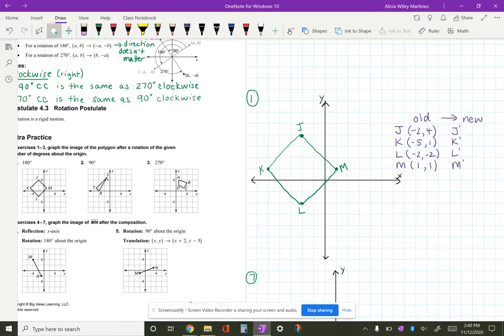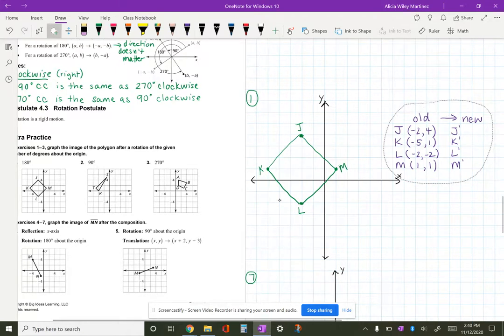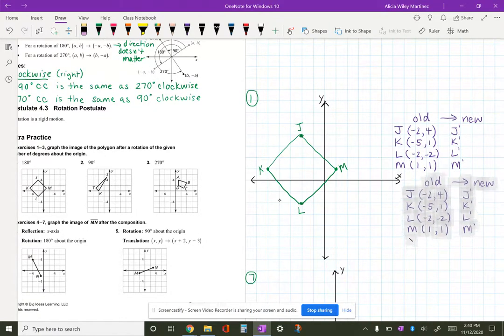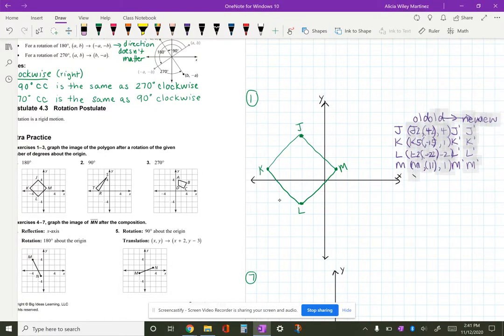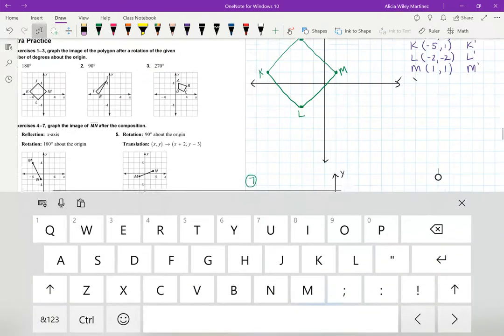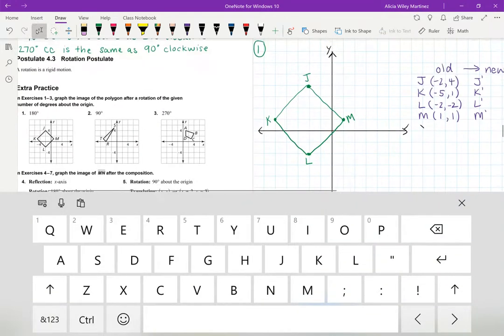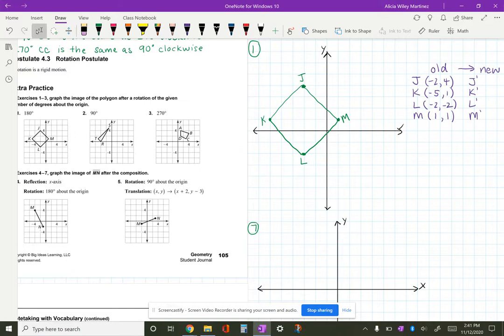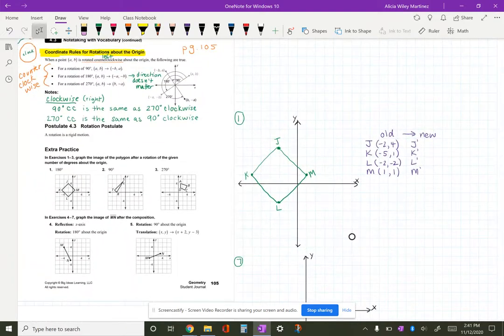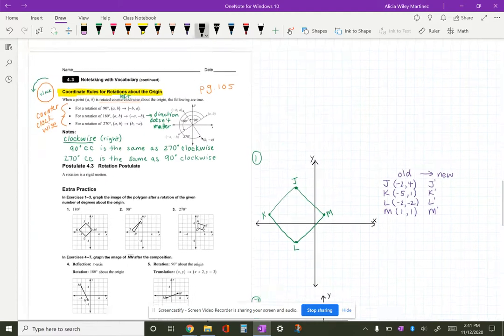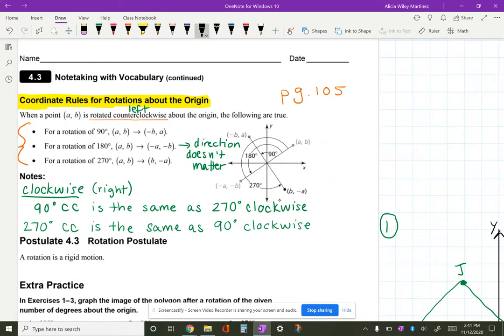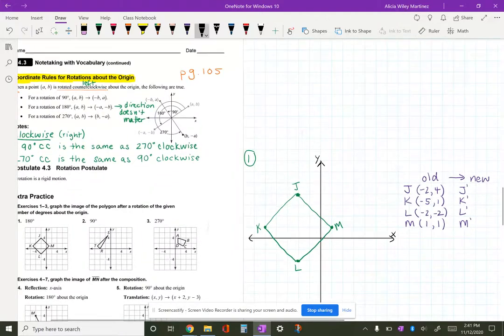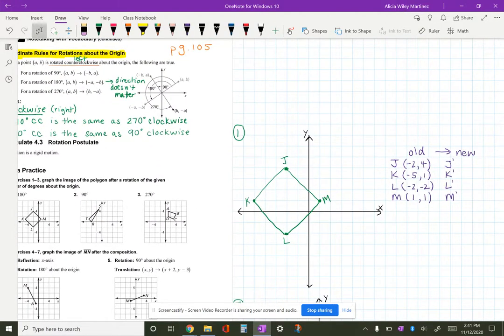Following the rule up here that we learned, whenever we rotate 180 degrees, what happens to the x and y values is they just change from positive to negative and from negative to positive.